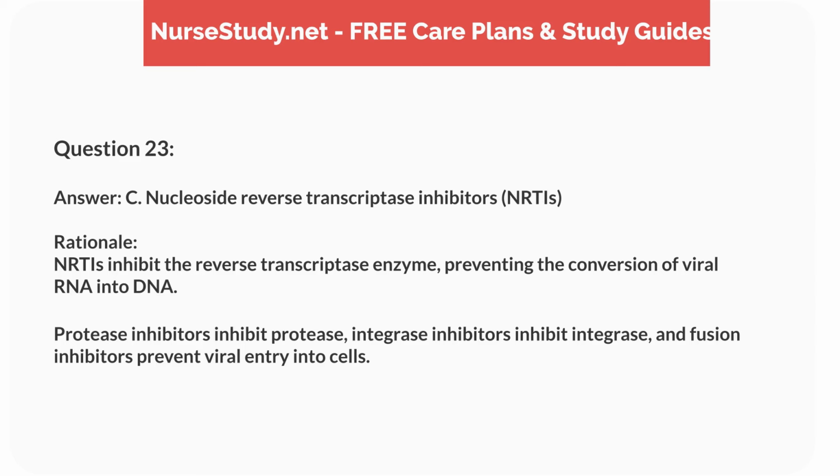Answer: C. Nucleoside reverse transcriptase inhibitors, NRTIs. Rationale: NRTIs inhibit the reverse transcriptase enzyme, preventing the conversion of viral RNA into DNA. Protease inhibitors inhibit protease, integrase inhibitors inhibit integrase, and fusion inhibitors prevent viral entry into cells.